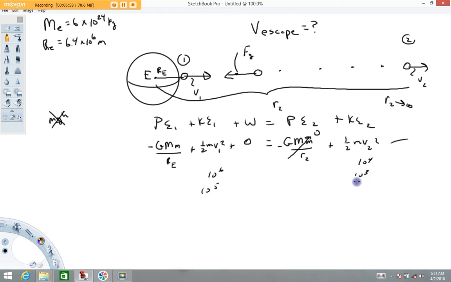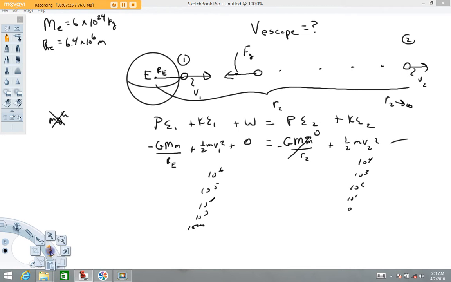If I drop this one even lower, like 10 squared, this one might be 10 to the 4th. And then 10 to the 1st, and this might be 10 to the 3rd. But eventually this is going to hit 0, and I can't drop it any further. And this is going to be some number, maybe something like 1500. This number would represent the lowest possible speed that still has this thing break orbit and leave.